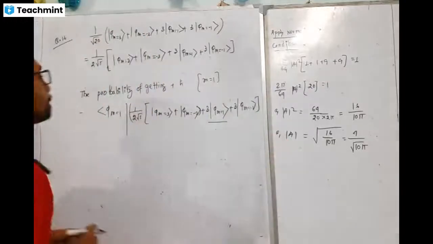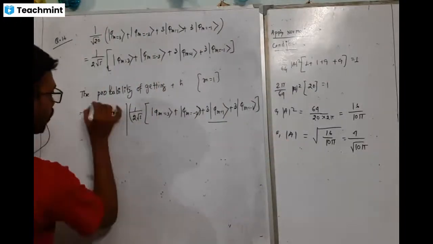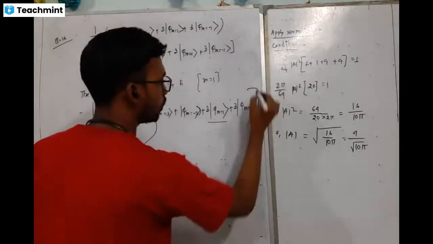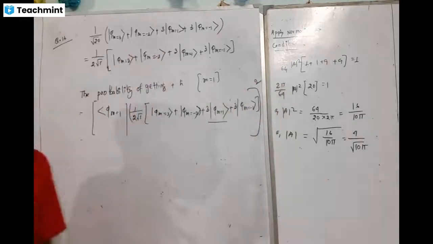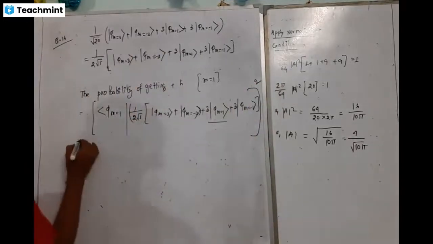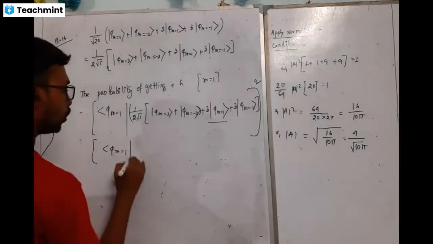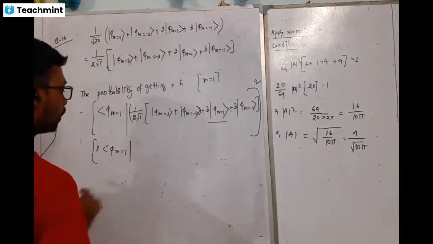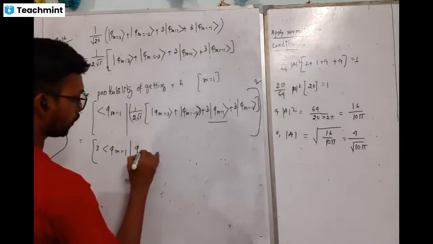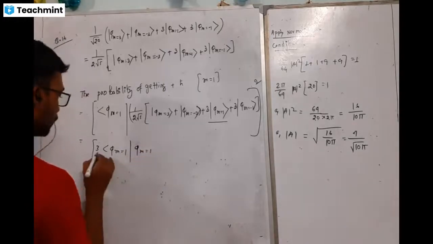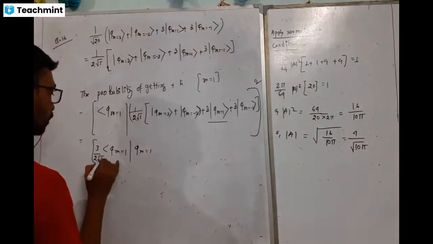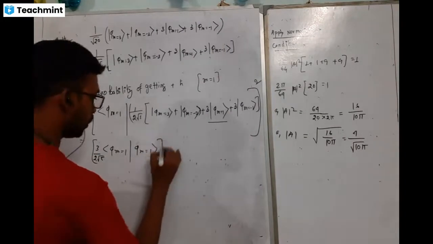So now it is a mod square, of course, right? So we get only mod of φ m = 1, with 3 by 2 root 5, φ m = 1 mod squared.